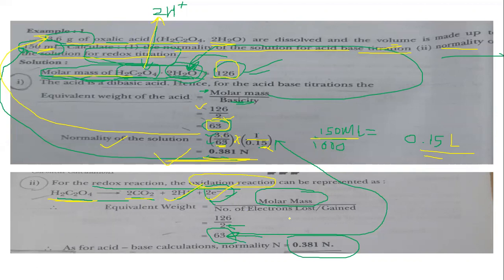The molar mass is 126, and it loses 2 electrons. So 126 upon 2 will give you 63. This is the equivalent weight of your oxalic acid. So by putting this equivalent weight in the above formula, you can find the normality of the solution.